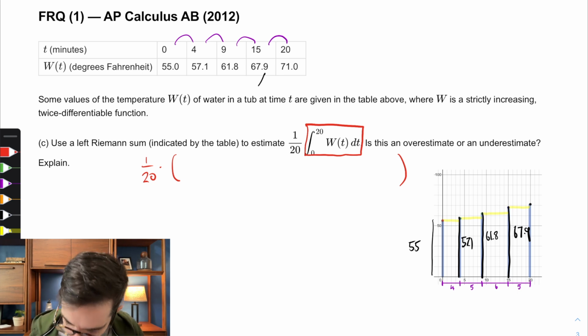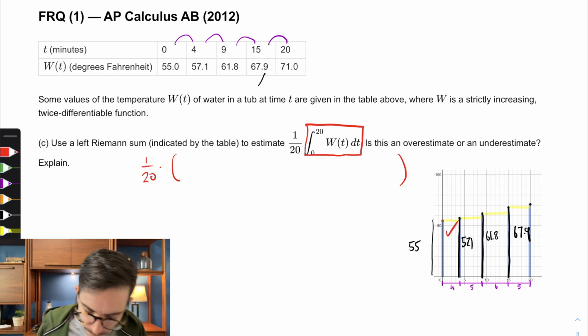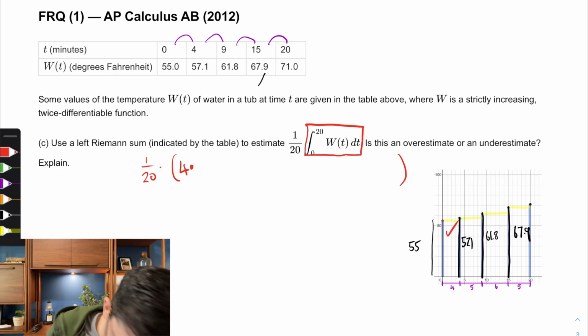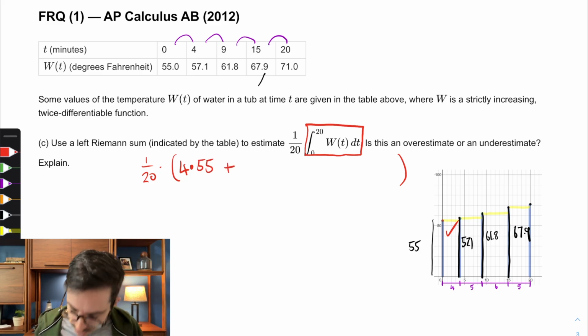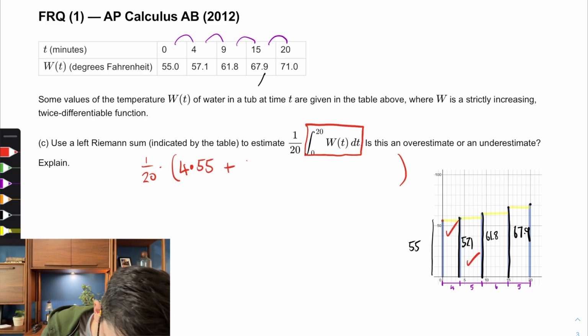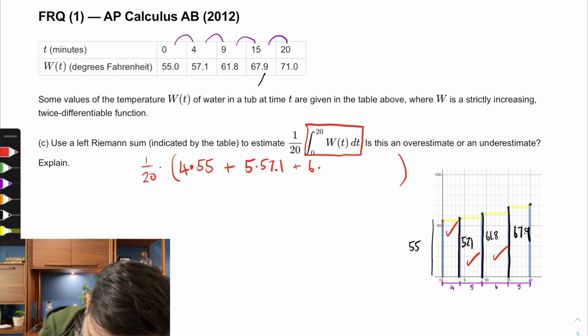So I have my first rectangle here. The base is 4. The height is 55. Let's add on my next rectangle. The base is 5. The height is 57.1. For my next rectangle, the base is 6, and the height is 61.8.